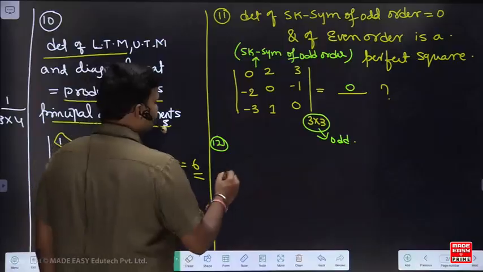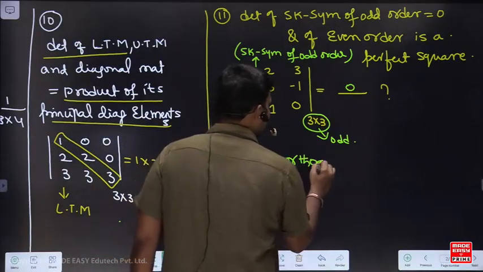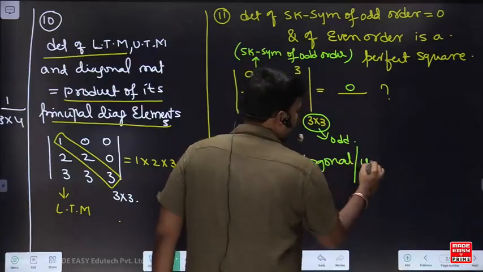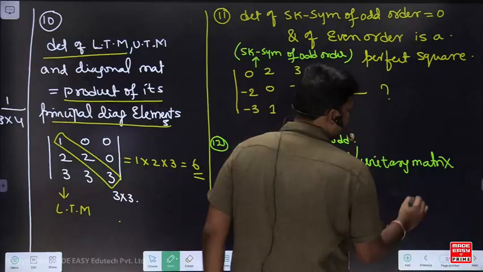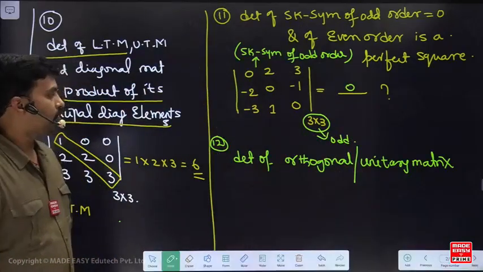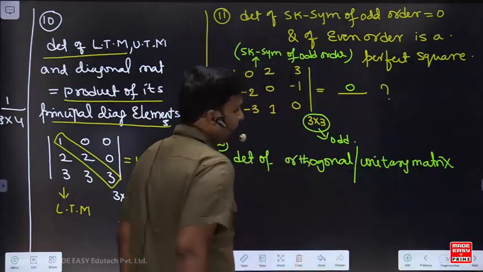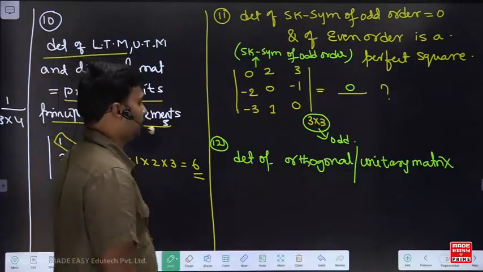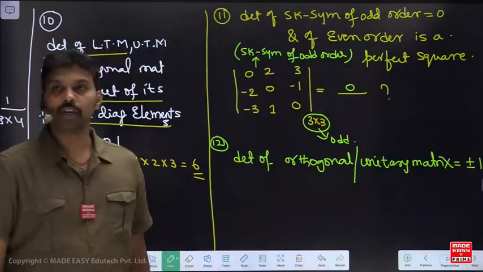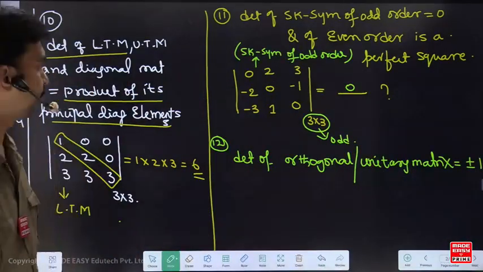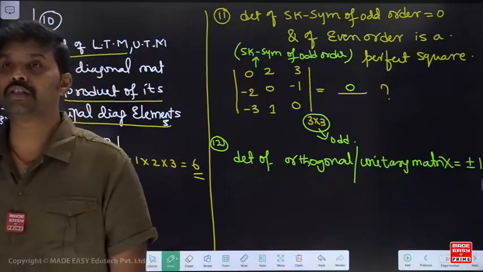Right. So next one is that the determinant of an orthogonal slash unitary matrix is equal to plus or minus 1. Somebody said minus 4, it is a wrong answer.